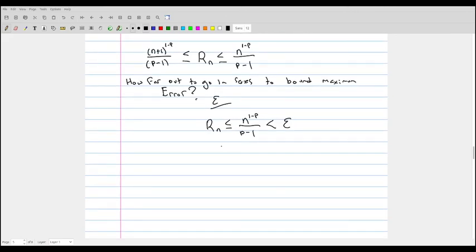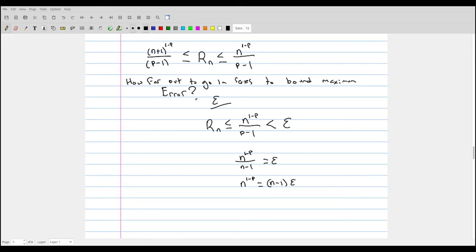So to figure that out, you can say, well, the boundary of this inequality happens when n to the 1 minus p over p minus 1 is equal to epsilon, or n to the 1 minus p is equal to p minus 1 times epsilon.